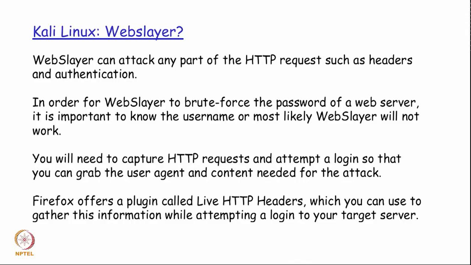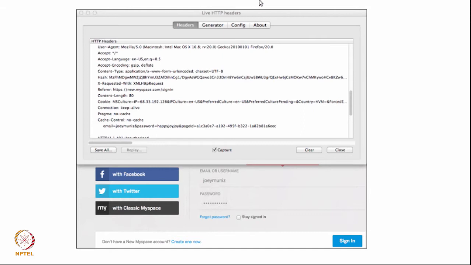Firefox offers a plugin called Live HTTP Headers, which is downloadable from the Firefox plugin site, and which we could make use of to gather all the information that we require for attempting a login to this particular target system, right. This is the Live HTTP Headers screenshot, where we looked at what kind of headers are used when a request from the browser goes to the web server.